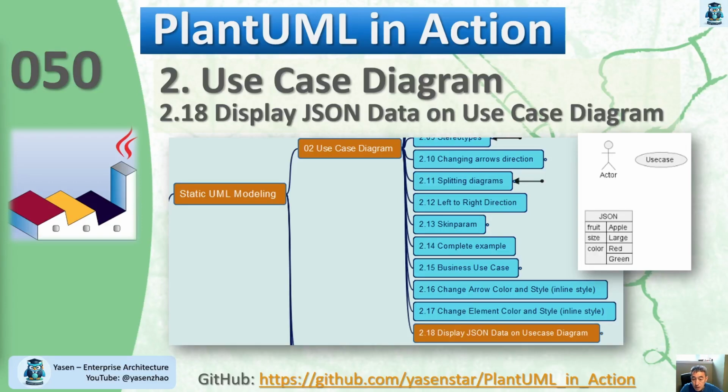Video, we move to the last one, 2.18 of our stated UML modeling, use case diagram, to discuss displaying JSON data on a use case diagram. Normally, what we have learned is how to display actor and use case elements with the arrow lines.